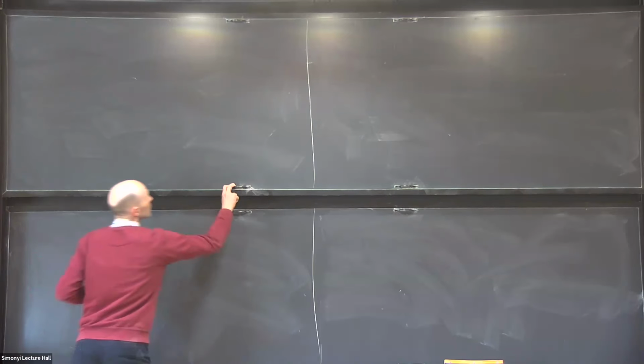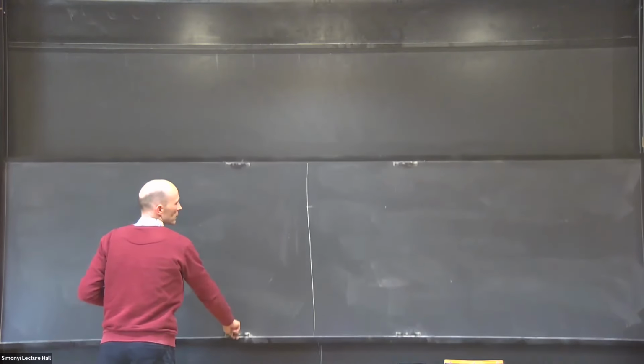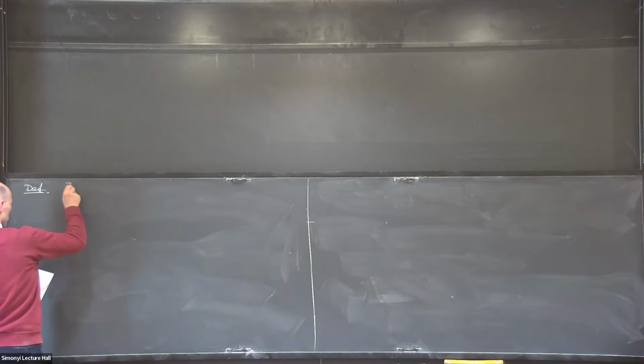The proof uses several tools. Now I want to study the structure of closed sets and the normal bundle to the closed set. So we want to define several things.